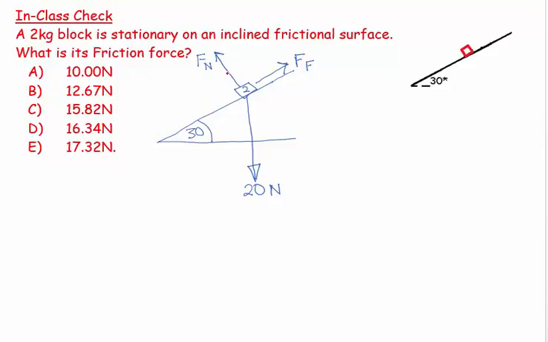And what we're practicing in these last few questions is being careful about how we pick the axis that we choose to resolve our forces along. Because if I only want to deal with the frictional force, then I don't want to deal with a normal force.